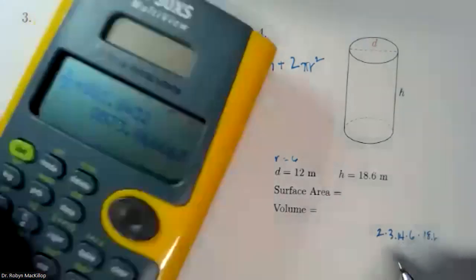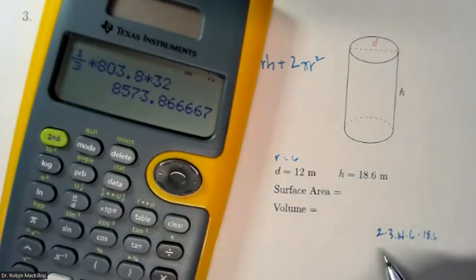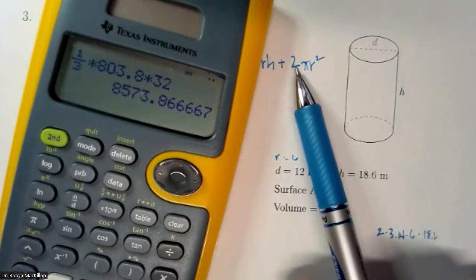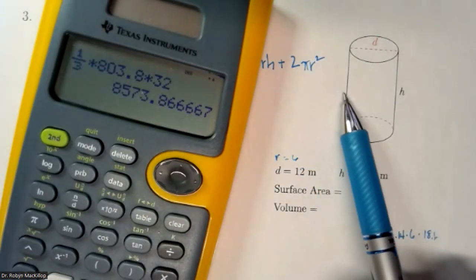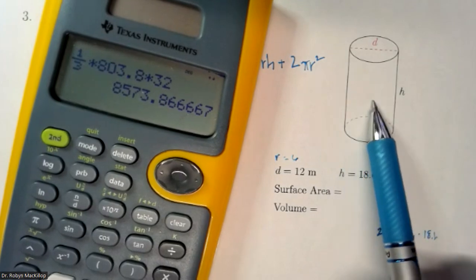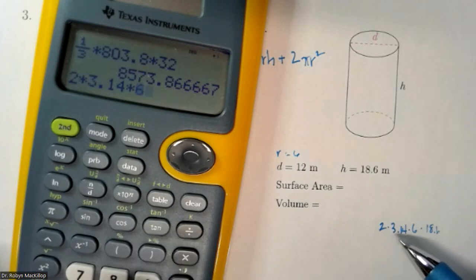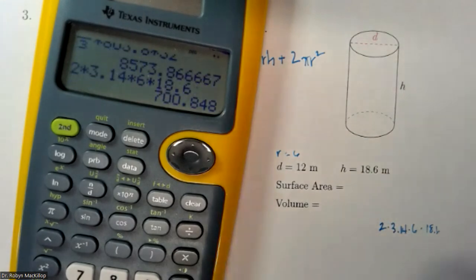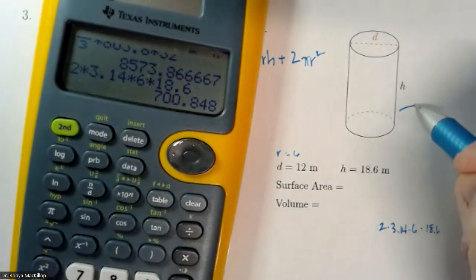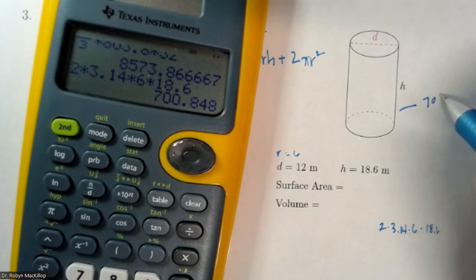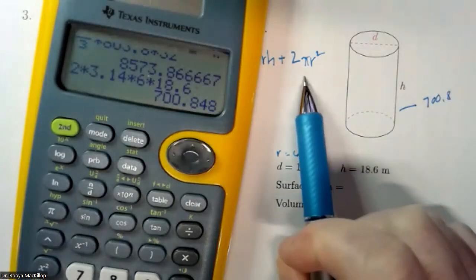Right now, I'm only measuring the tube portion. And that's going to be 2 times 3.14 times 6 times 18.6. So currently, the tube portion is 700.8.